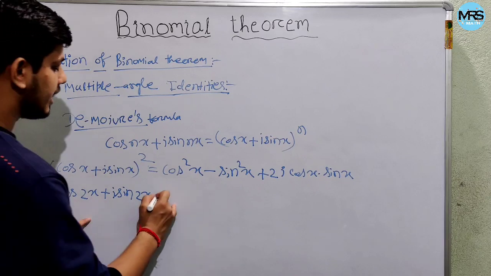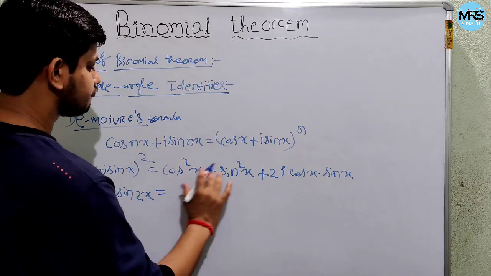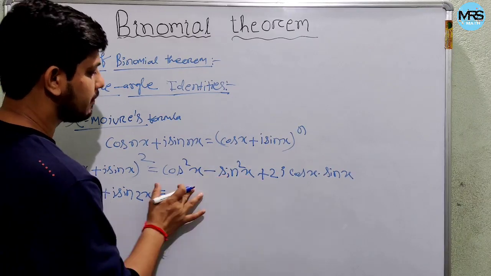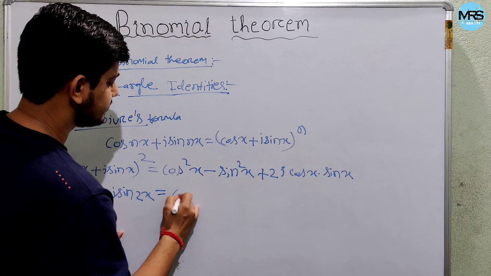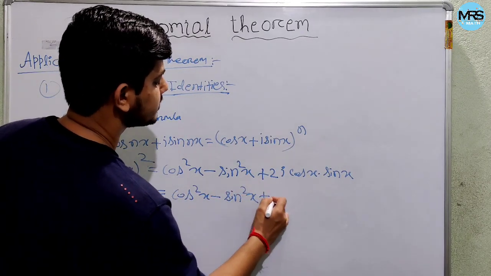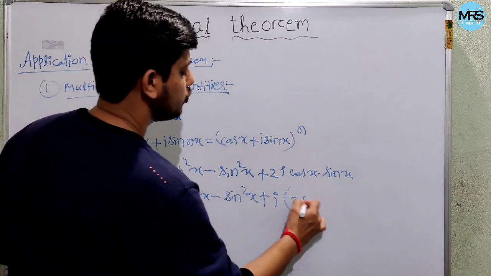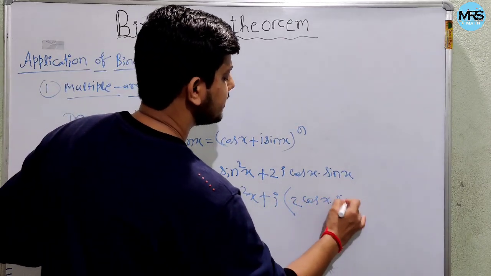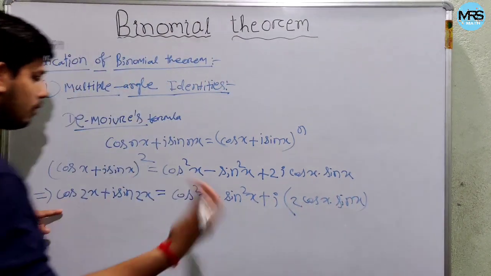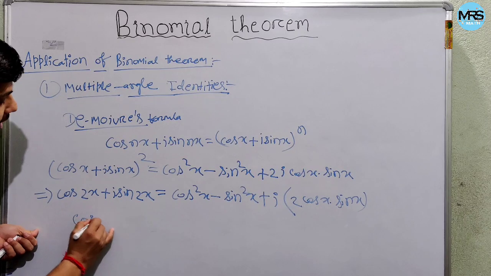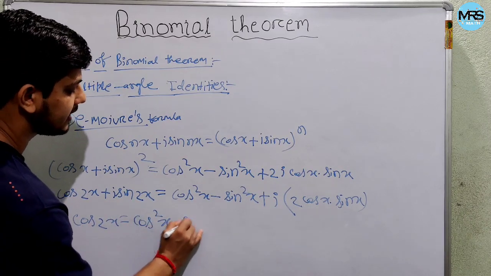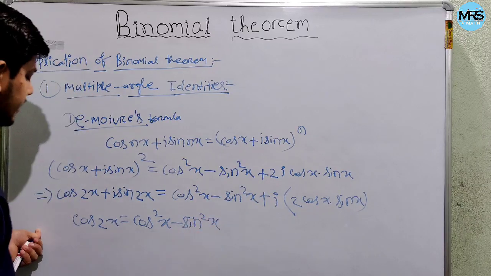Okay students, now here we will separate the real part and the imaginary part. That is cos squared x minus sin squared x plus i into 2 cos x into sin x. Now if you compare the left hand side and right hand side, you will get cos 2x as cos squared x minus sin squared x, right?